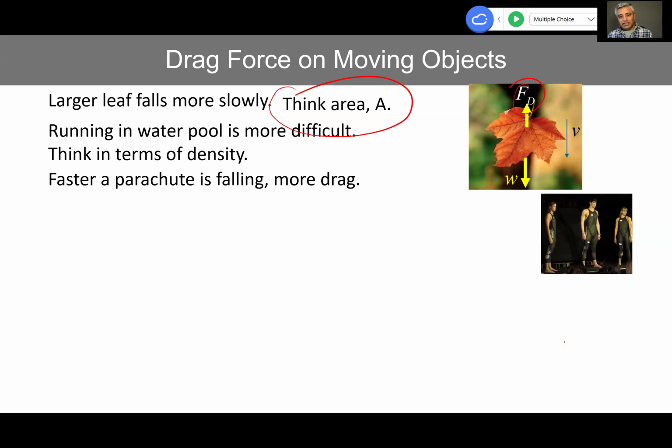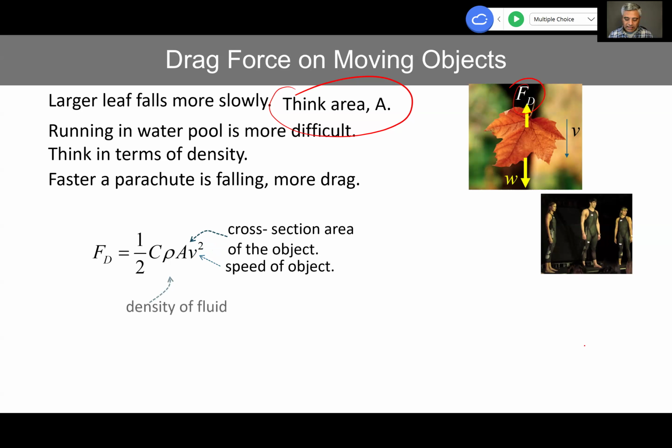And then, unlike the friction force, the drag force depends on the speed. So the faster it is moving, the more drag. For example, when you stick your hand outside a car window and go faster and faster, the wind blow or resistance you feel gets larger and larger. So when we include all those factors, that's how the equation looks.